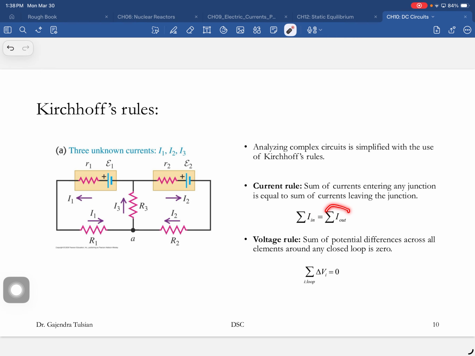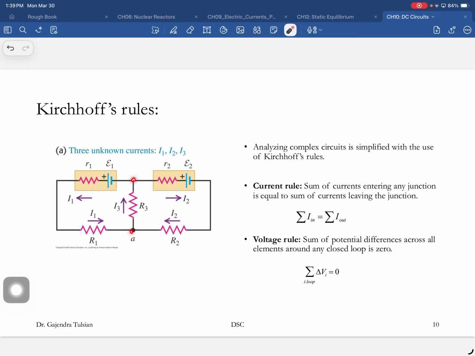This is the negative terminal of a battery. When you're going from negative to positive terminal, the change in voltage is plus V. And when you're going from positive to negative terminal, the change in voltage is minus V. So you have to remember those two rules. The easiest way to remember is to think of the current as water flow.